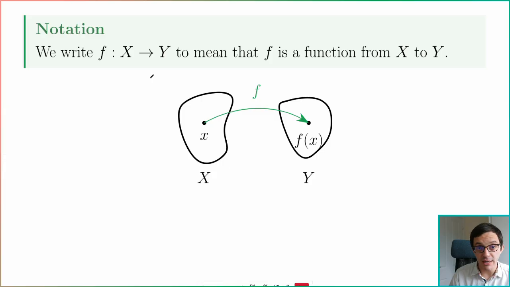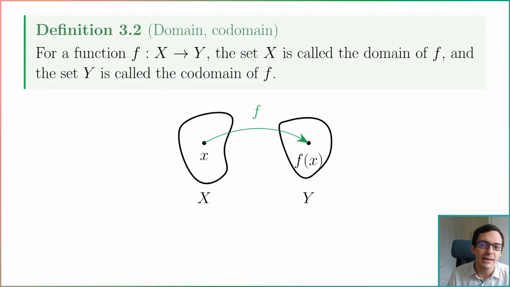And these have got names. For a function from x to y, the sets x and y have names. They're called the domain and the codomain. I have a note about codomains later on, but I'm going to call them domain and codomain. So for a function from x to y, we call x the domain and we call y the codomain.